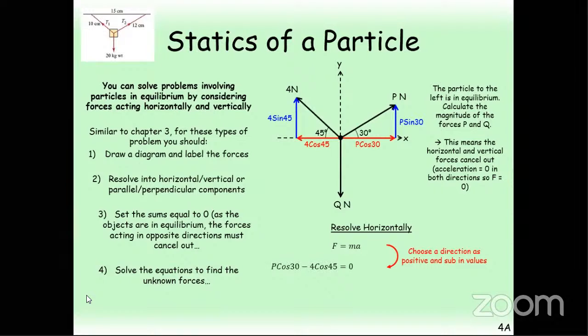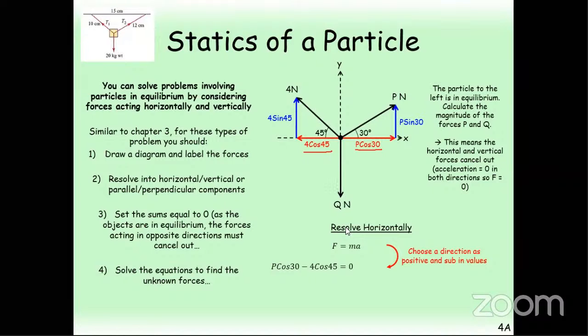So we say P cos 30, which is in the positive direction, then we subtract 4 cos 45.